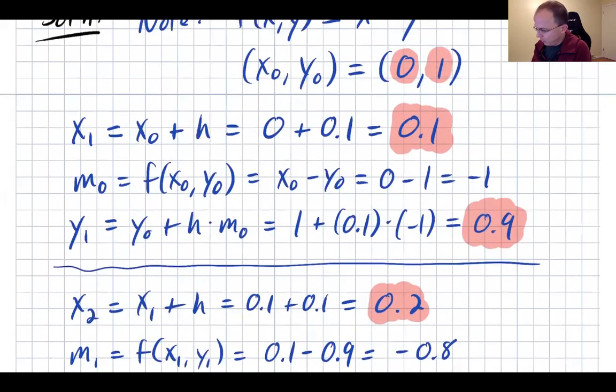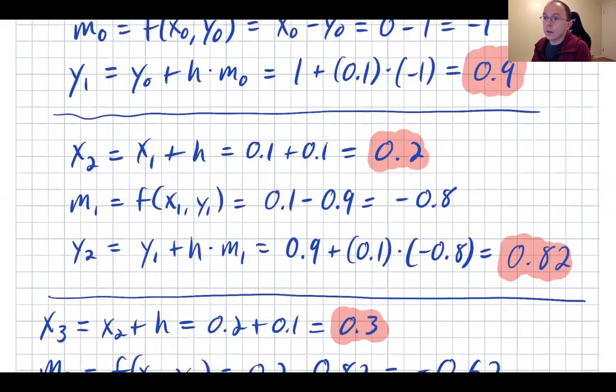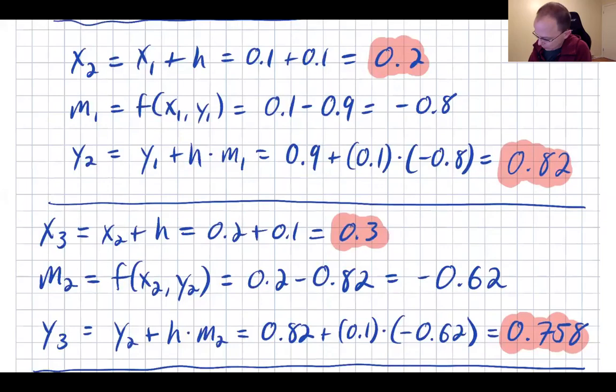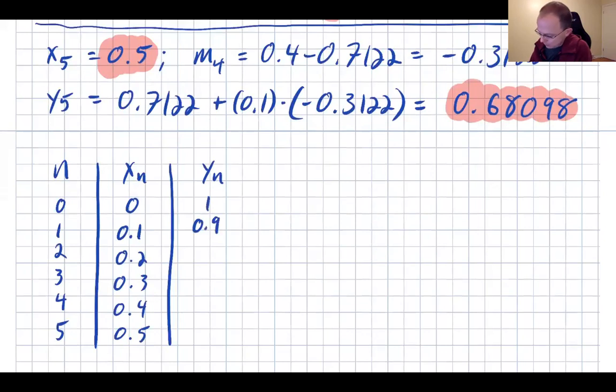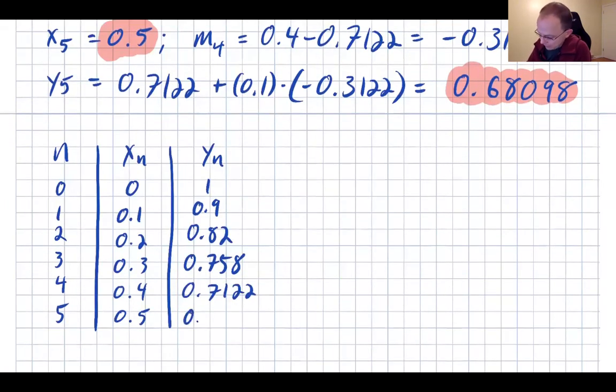So yeah, it's 1 and then 0.9. So 1, 0.9, 0.82, and then we have 0.758, and then we have 0.7122 and 0.68098.